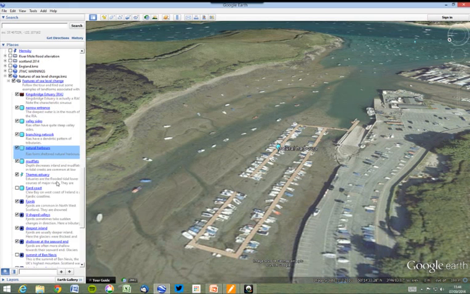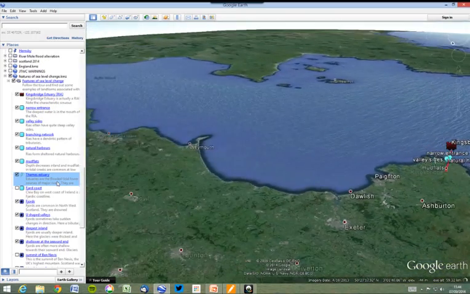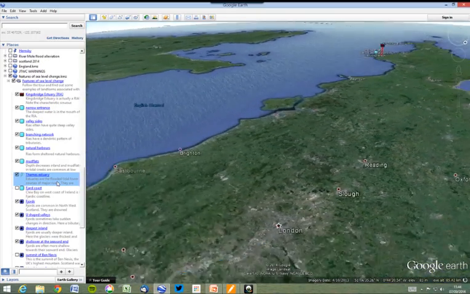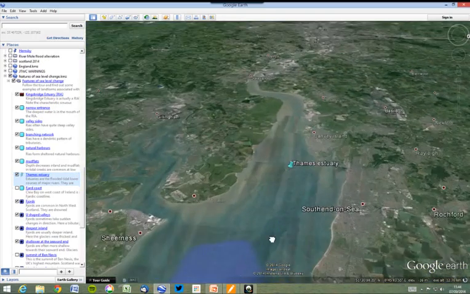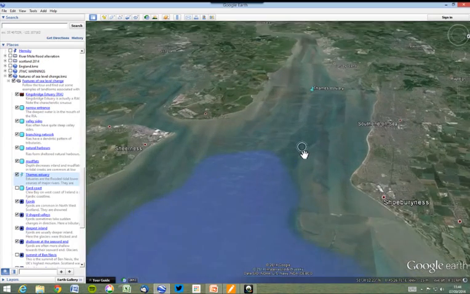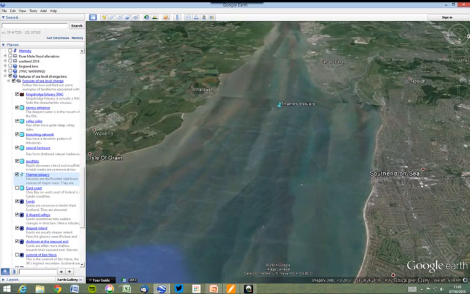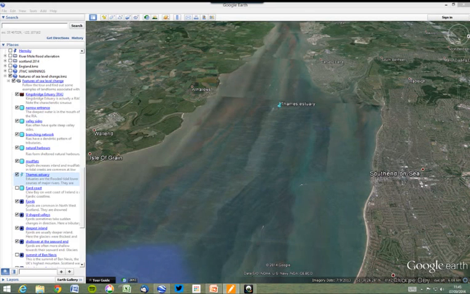Another similar submerged feature is an estuary. Now, an estuary is a different shape to a ria. It's more funnel shaped, as you can see here. Just highlight the funnel shape. The Thames estuary, a typical example of an estuary, here we are, is funnel shaped like this, with mud flats along the side, here and here, of course.